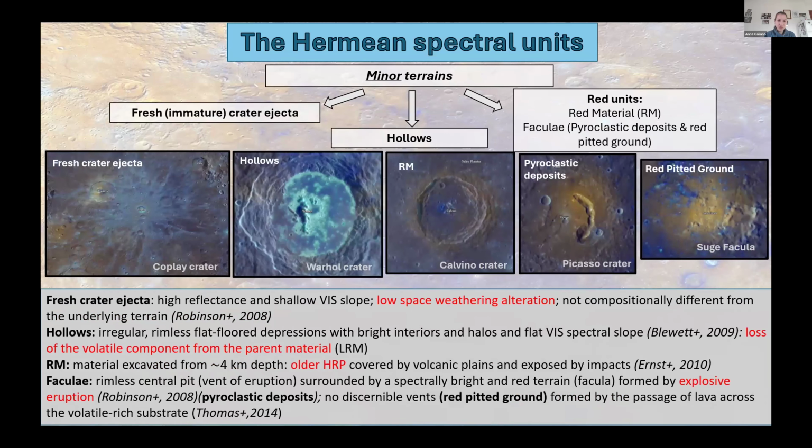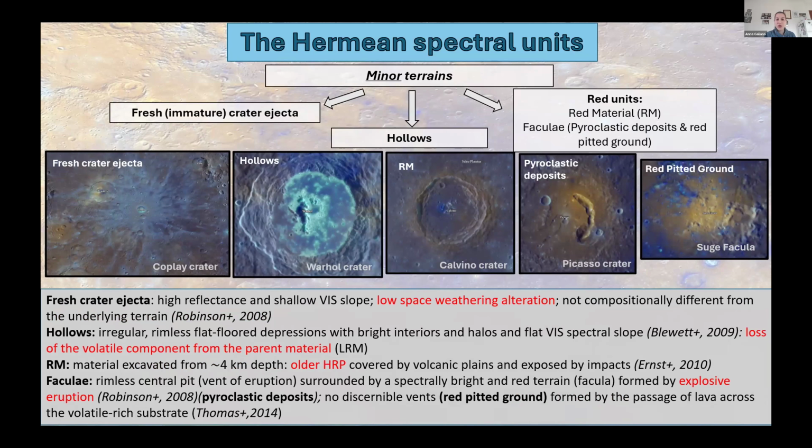Then we have the minor terrains, which include the fresh crater ejecta, characterized by high reflectance and shallow visible slope. They are probably not compositionally different from the underlying terrains, but these spectral properties are probably related to a low space weathering alteration.